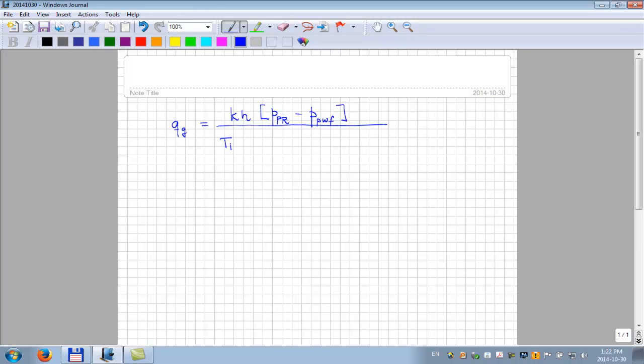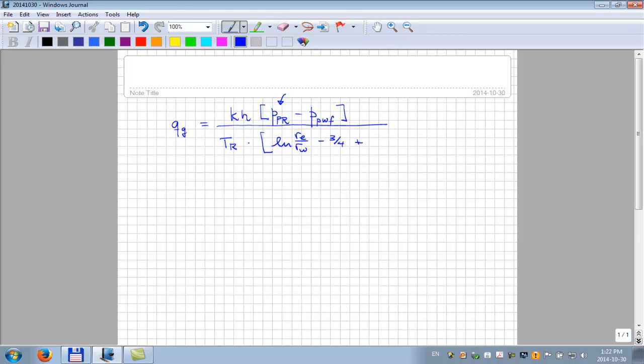And then there was reservoir temperature down here, and I think all that was left was the log of RE/RW, and because we're using average reservoir pressure and no flow outer boundary, we had a term minus 3/4.